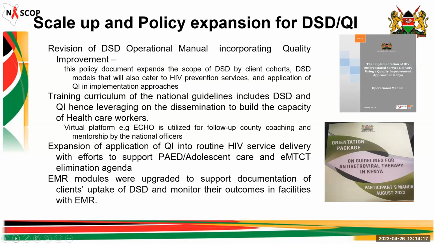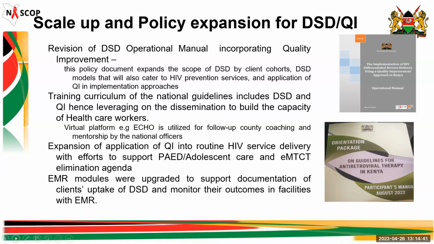So for next steps, on what the country was able to inform in policy and shift around scale up of the work that had been done, we were able to revise the DSD operational manual, incorporating quality improvement. This has been a critical policy document in terms of the DSD implementation in the country.